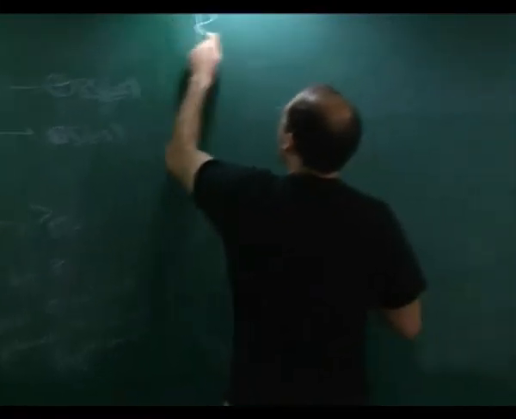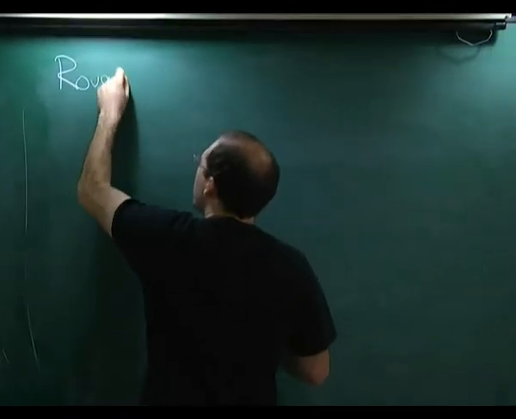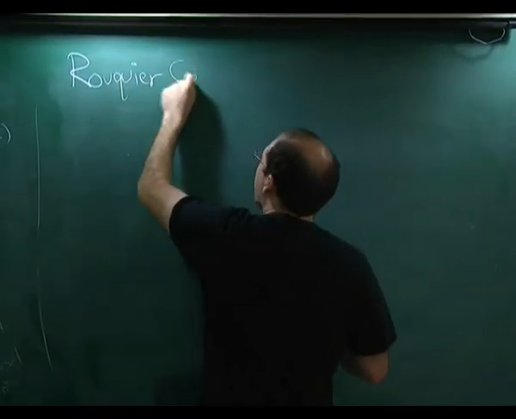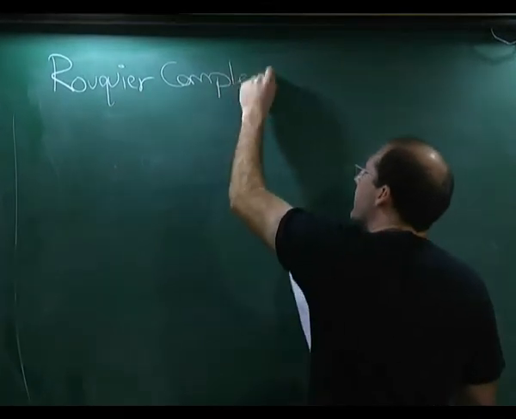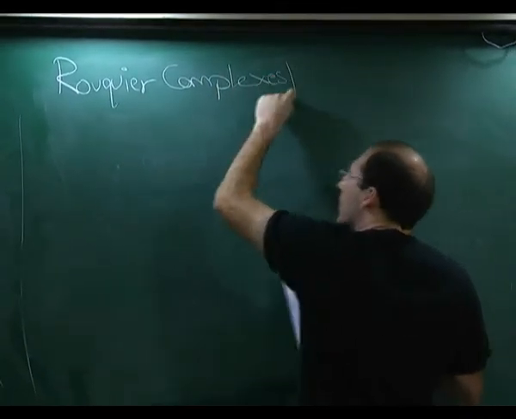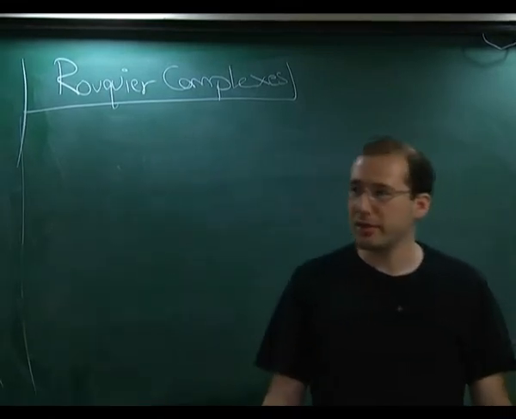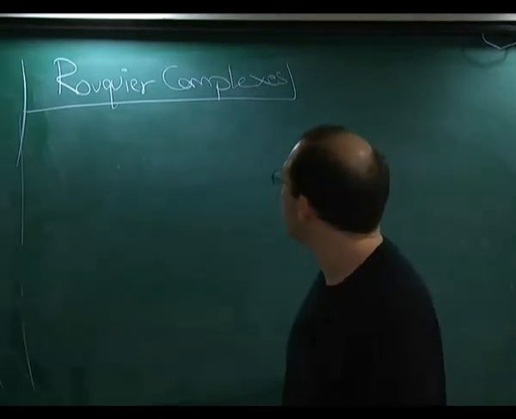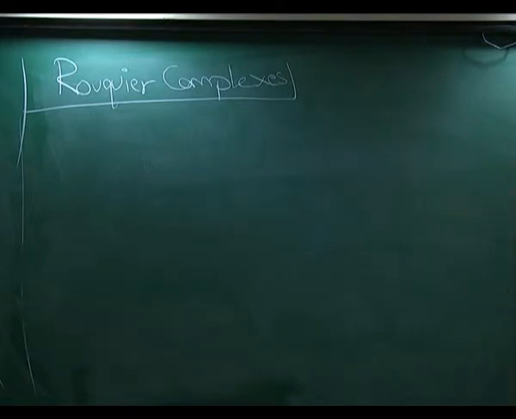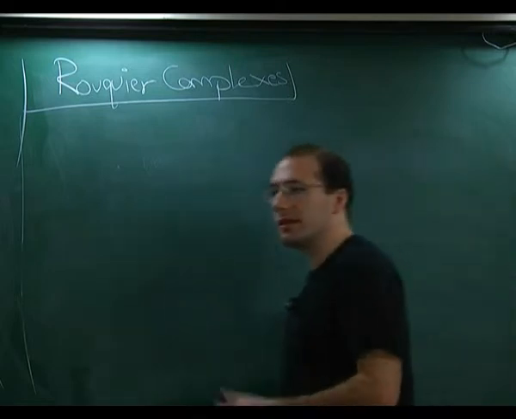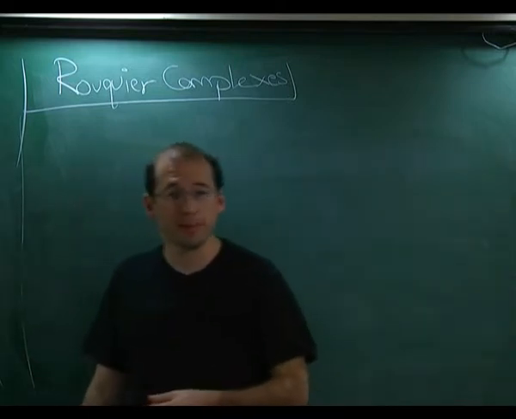So, Rouquier complexes. Rouquier is a pretty brilliant guy. He's one of the fathers of categorical representation theory, one of the two inventors of SL2 categorification. Also a Soergel bimodule expert. And he came up with these complexes as a way to categorify the braid group.